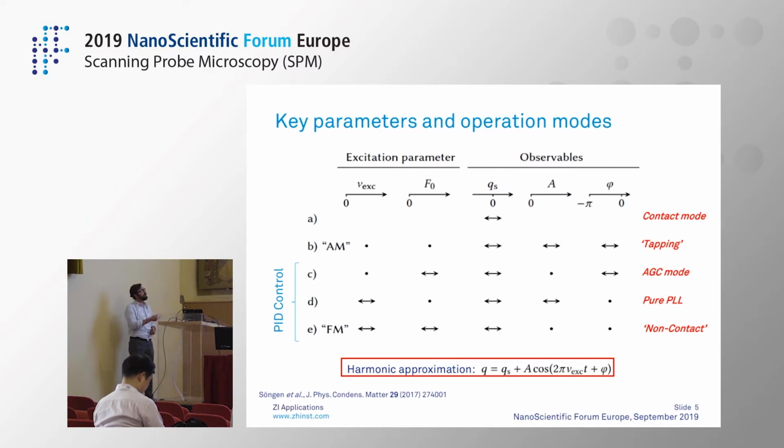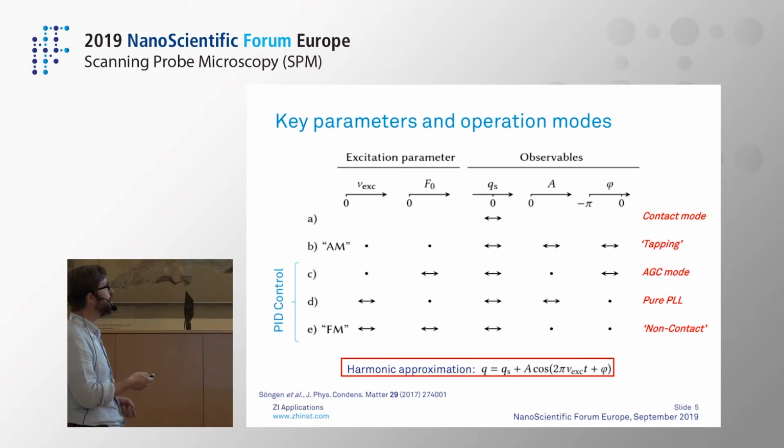What is amazing is that you basically need just three observables: the static deflection, and the amplitude and phase that you would get from a lock-in, and then the two parameters defined by the user, which are the drive force, with a certain frequency and amplitude. Of course, then you have many variations of the typical type of mode you want, depending on whether some parameters can vary or are fixed.